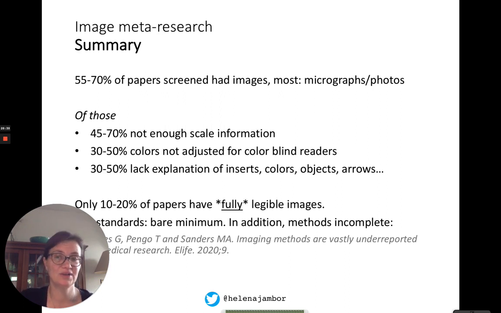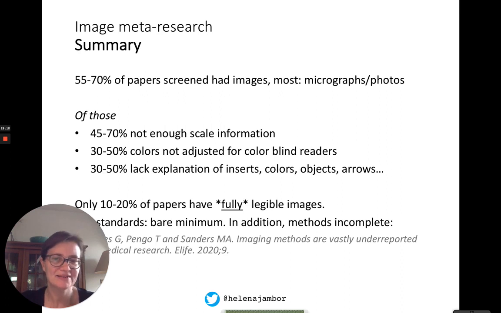And we recently learned from a paper published in eLife by Marquez, Pengo and Sanders, who had in parallel to us started screening, but they didn't look at image legibility, but instead they looked at imaging methods reporting. And they also found that a huge number of papers insufficiently explained how microscopic images were acquired. Again, probably diminishing the numbers of papers that are fully legible, well below 10%.